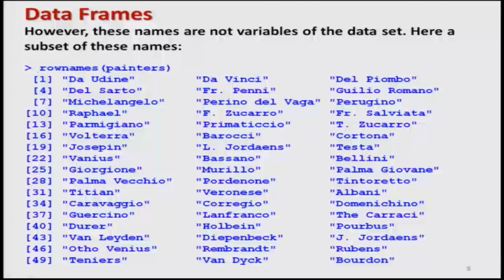In order to see the row names, we have a command, rownames, and inside the argument you write the data set's name, that is painters, and you get this type of output. Let us try it over the R console itself.